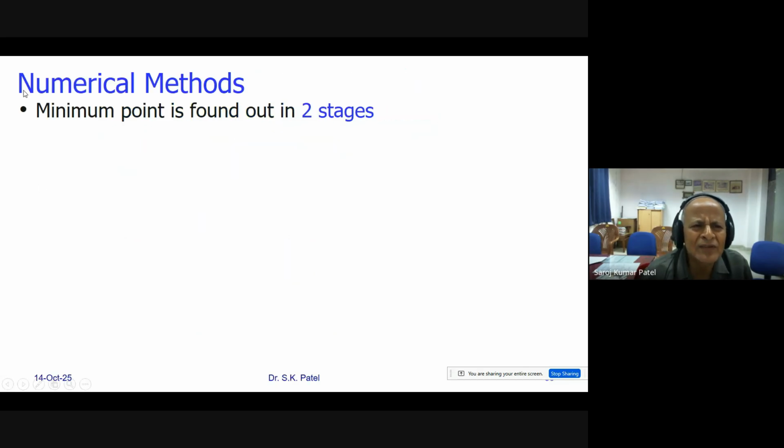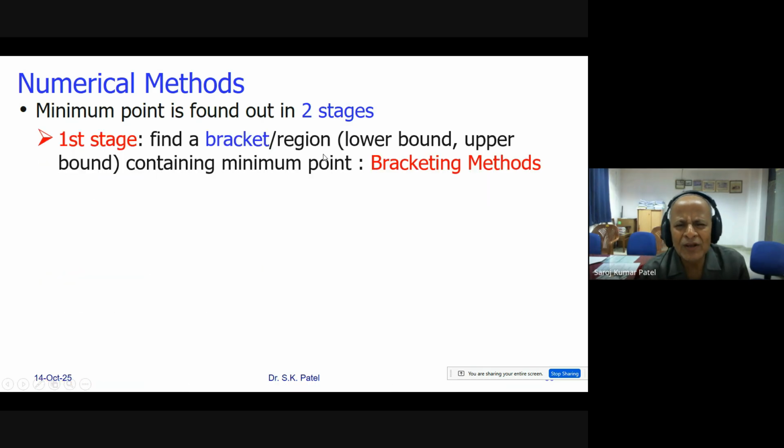Now let us discuss the single variable optimization problem, the numerical methods. First let us discuss unconstrained, then we will discuss the constrained methods. So the minimum point is found in 2 stages. In the first stage, we find a bracket or an interval defined by a lower bound and upper bound that contains the minimum point.